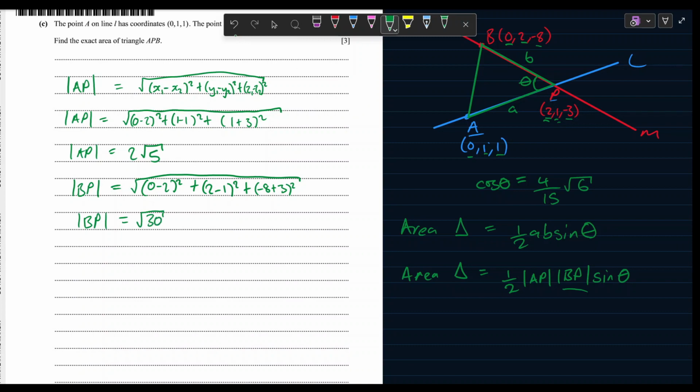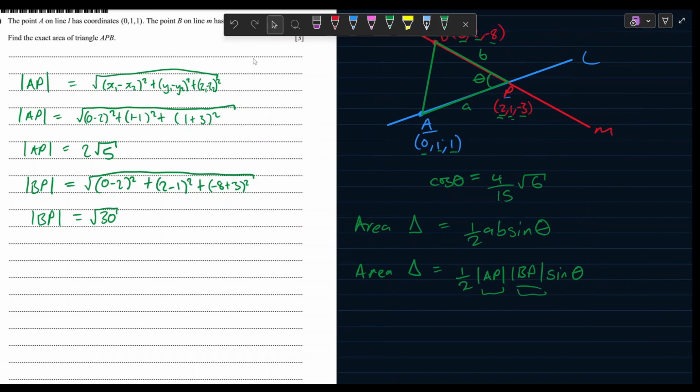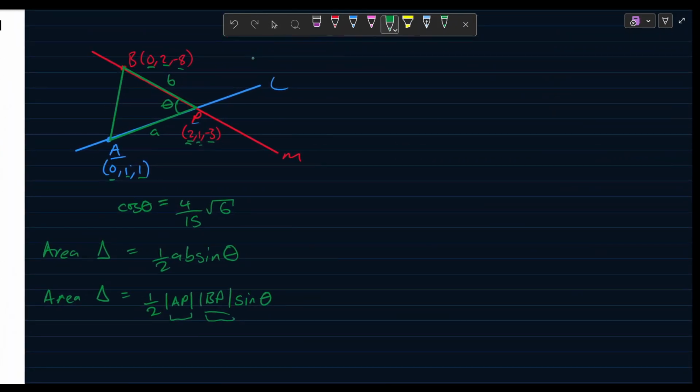Okay, so now we've got the magnitude of AP, we've got the magnitude of BP, we need to find sine theta. So here we're saying that cos theta is equal to 4 root 6 over 15. We can draw a right angled triangle so that we can use this to help us find sine theta.